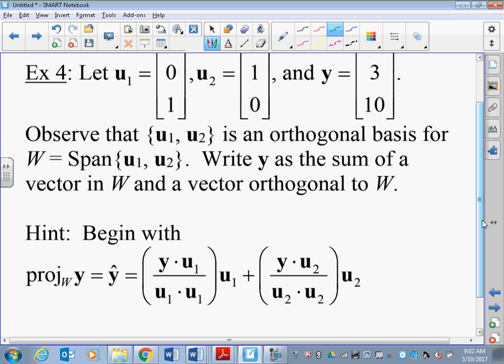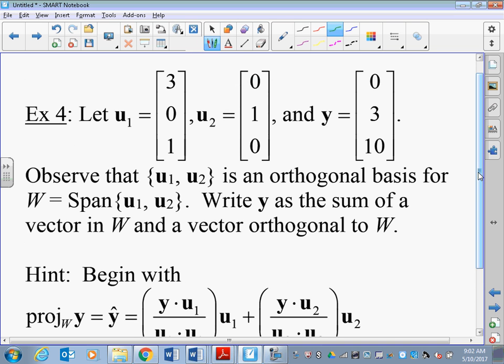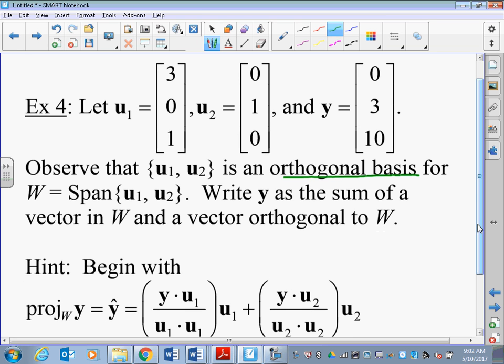Right, y is the sum of a vector in W and a vector orthogonal to W. So we're starting off again with an orthogonal basis because the dot product is 0. In that other one, we didn't find the orthogonal part. So what do we call a vector that's still in W?